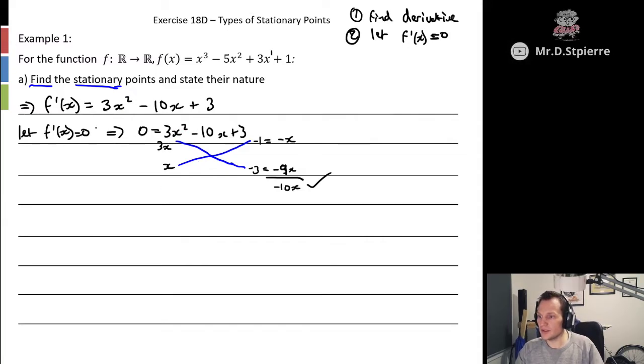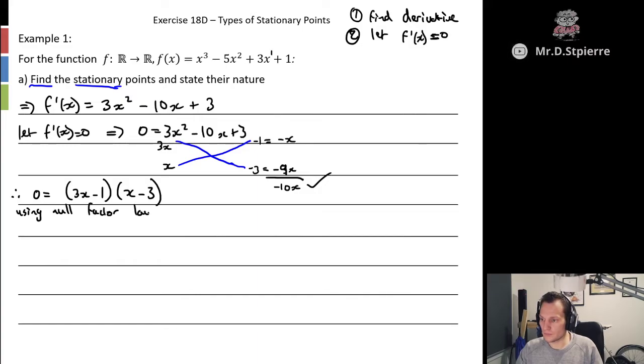So it is clear from that, 0 is equal to 3x minus 1, x minus 3. So using the null factor law, it follows that 0 is equal to 3x minus 1, or 0 is equal to x minus 3.